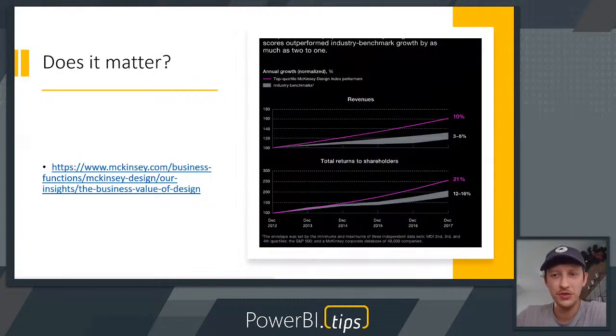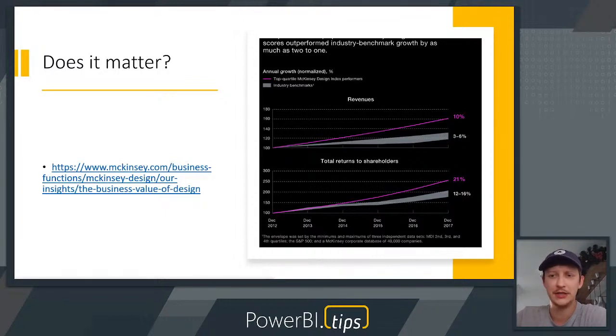In 2018, McKinsey published a report where they tracked the design practices of 300 publicly listed companies over, I think, a 5-year period between 2012 and 2017, in multiple countries and of course over multiple industries.